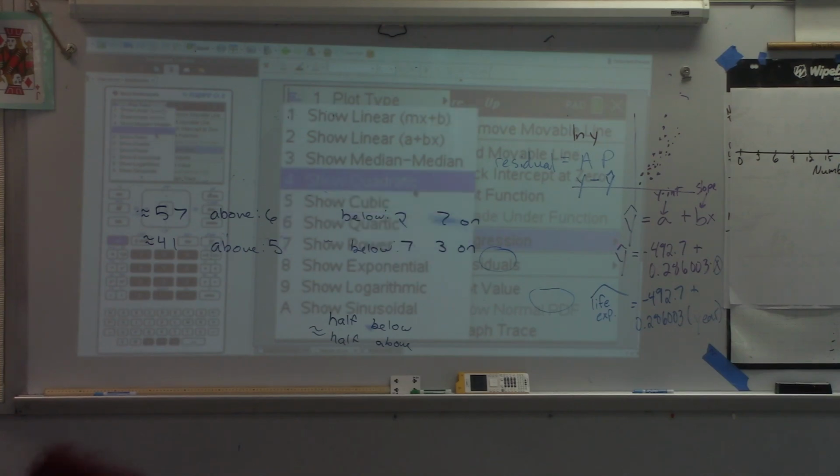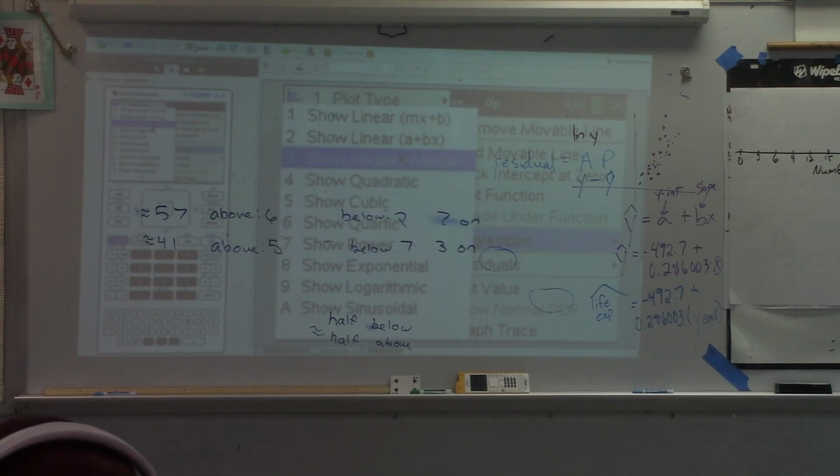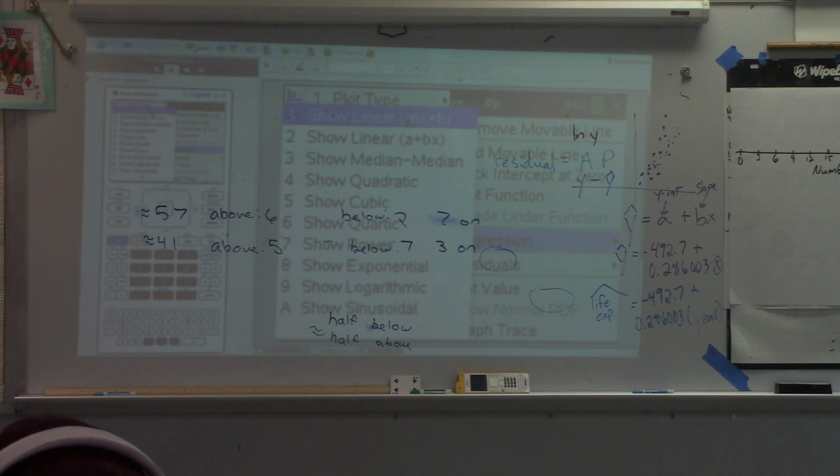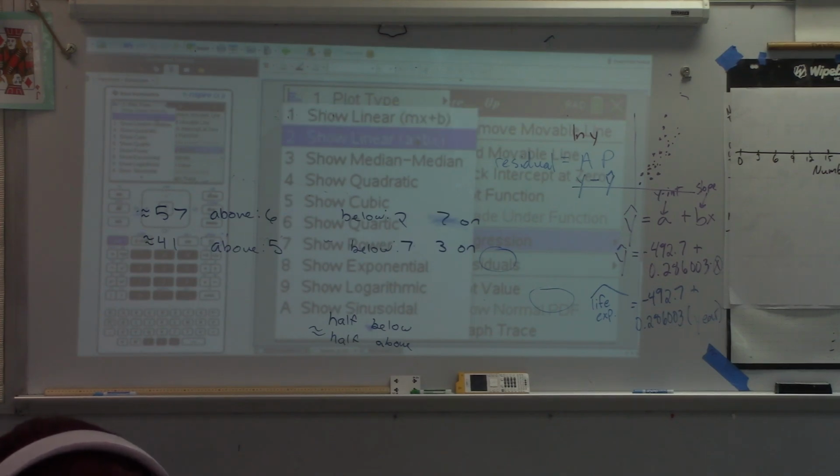Peter did actually do the best one. Notice there's an MX plus B, but that is not the standard for statistics. That is just what is normally done in math. In statistics, we typically do A plus BX, which I actually prefer. It makes more sense. It's where you start, the y-intercept, plus what you're repeatedly adding by. That's neither here nor there.